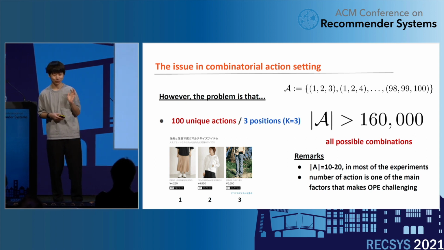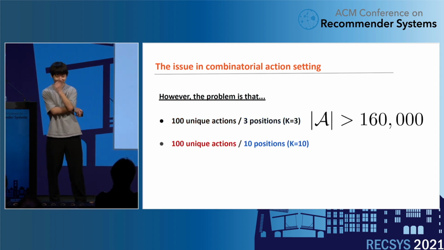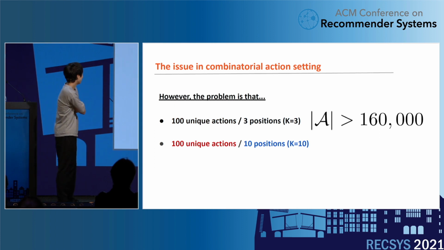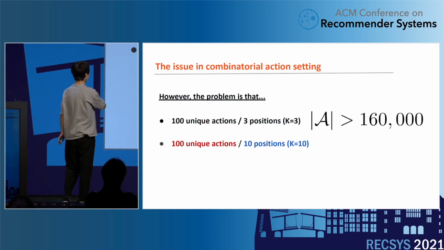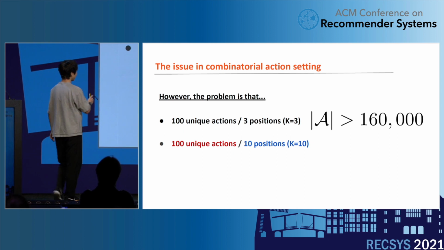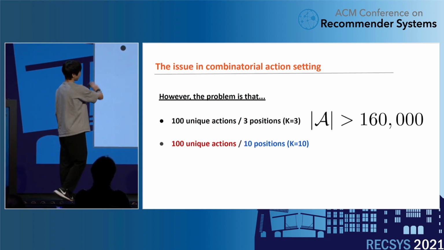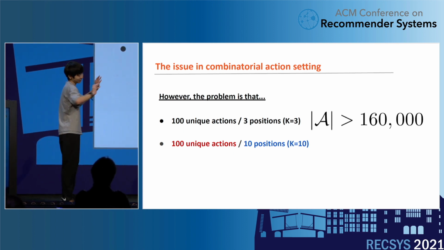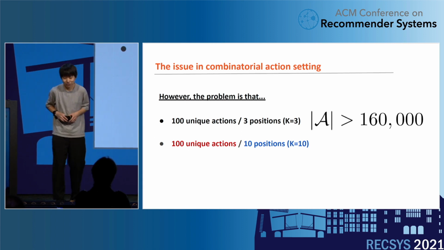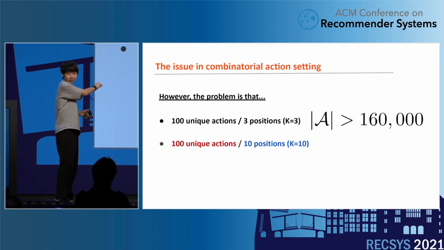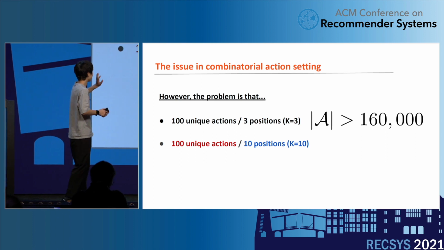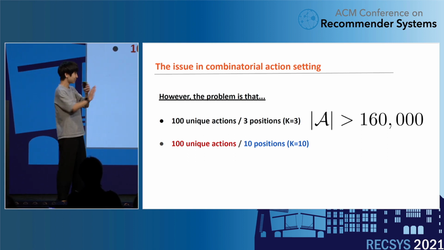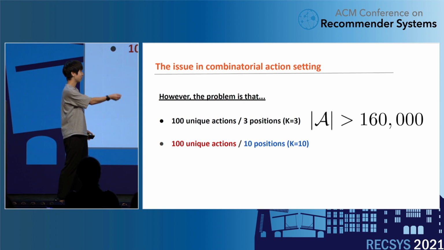There's another similar problem. So let me consider another, almost the same, example. We have 100 unique actions, which is the same. The only difference is that we now have 7 more positions in a recommendation interface. So what we have to do here is pick 10 different actions from a unique action pool, and then we reorder the 10 actions, and then we have a final list of recommendations.